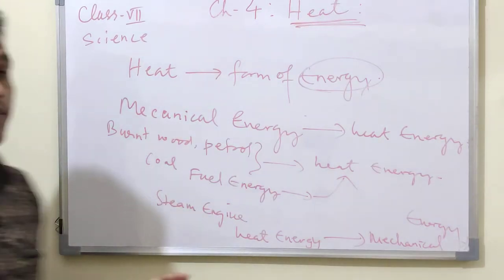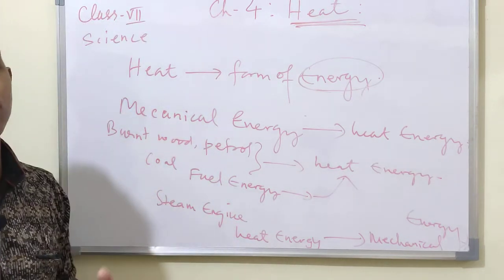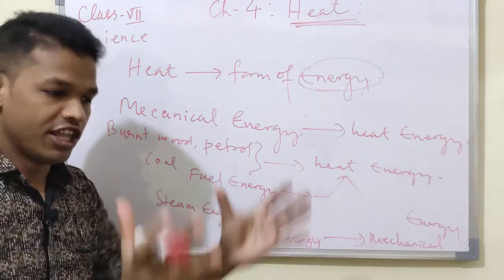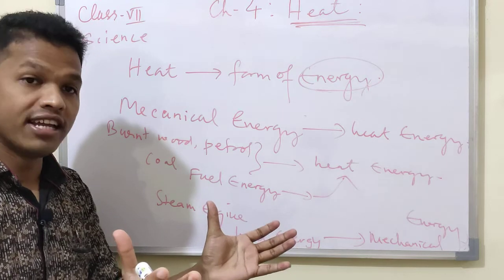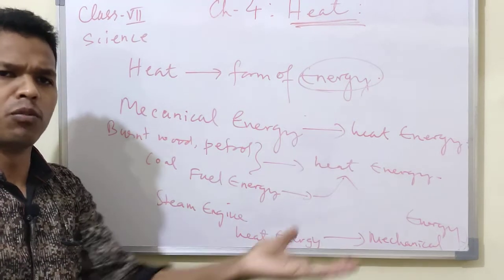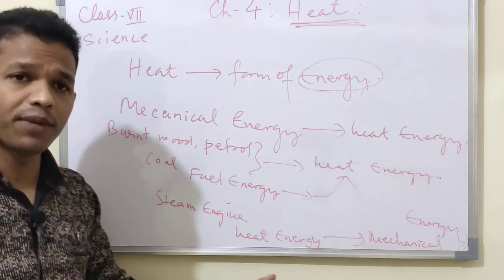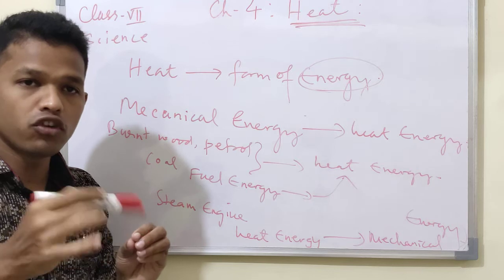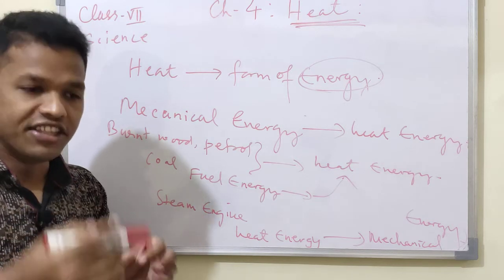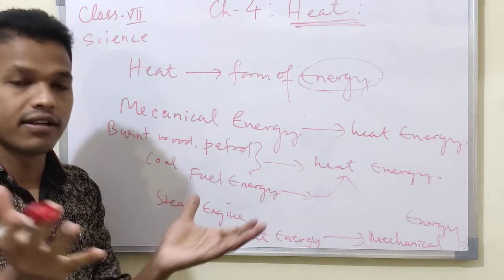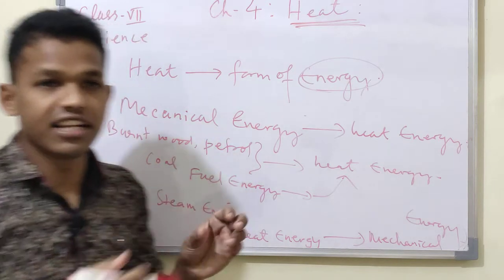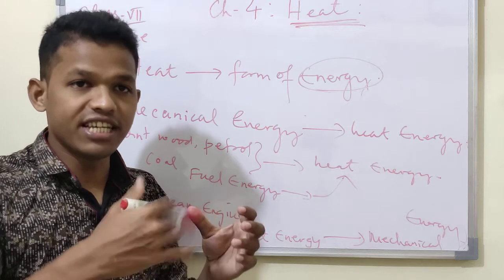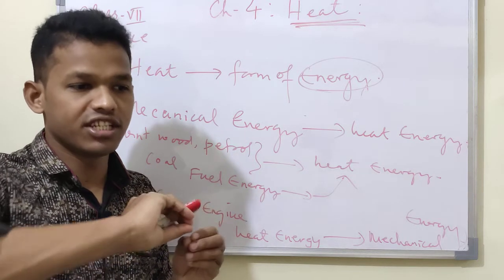If you see how electricity is produced in a thermal power plant, there is a big boiler where heat is produced. In that boiler, they burn coal. Coal is a fuel, burnt in order to produce heat. This heat produces steam.